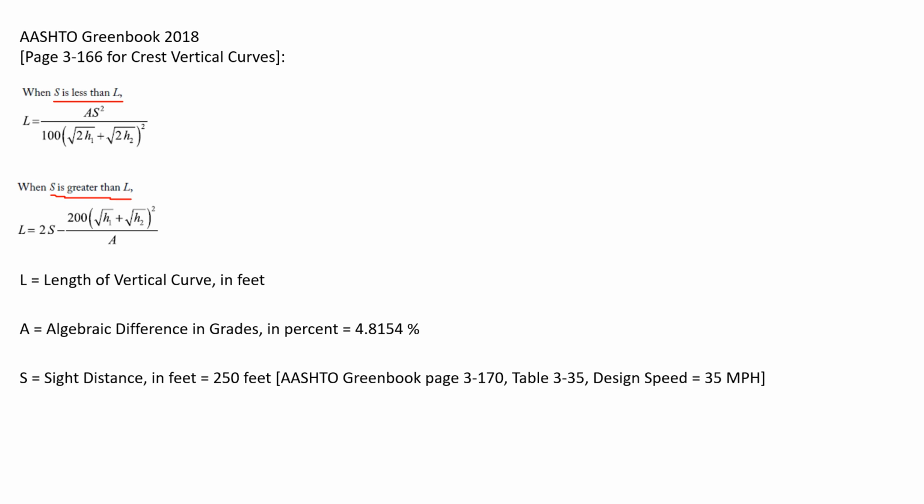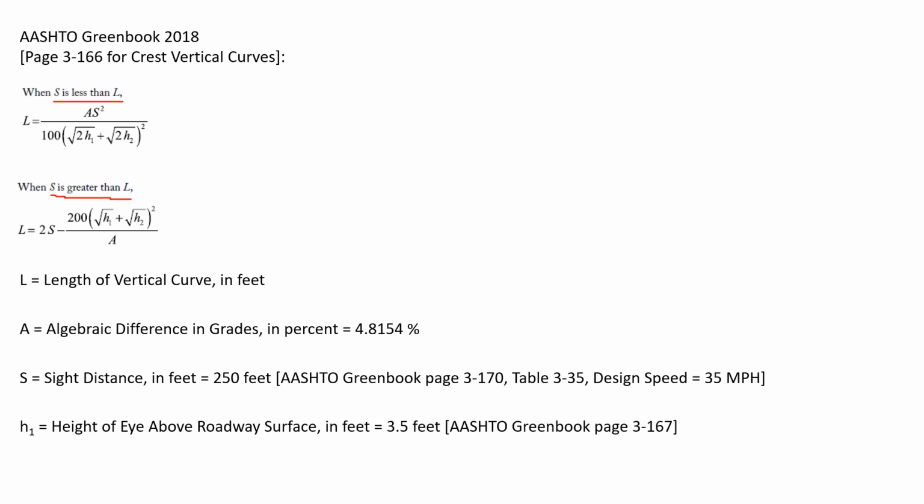This is what we're solving for. The algebraic difference in grades that we solved on the previous slide is 4.8154. The sight distance, S, is 250 feet, and that also comes from the AASHTO Green Book, page 3-170, using that design speed of 35 miles per hour.